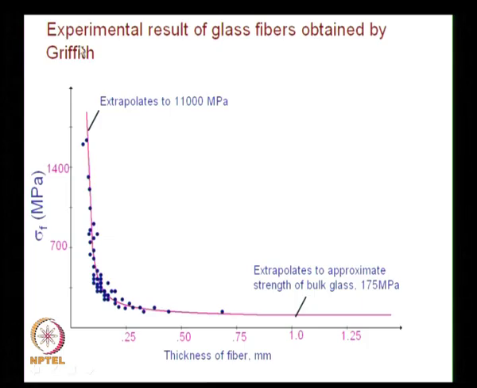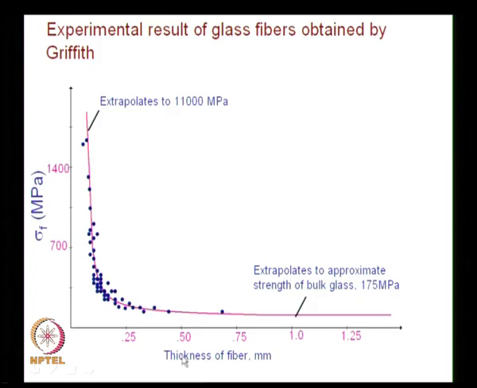So, what he did was he performed experiments on glass fibers, carefully reduced their diameter, and then he plotted thickness of the fiber versus the fracture strength, and this is purely based on experiment, and this was exponentially decaying, and it was asymptotically reaching the strength of bulk glass, about 175 MPa.